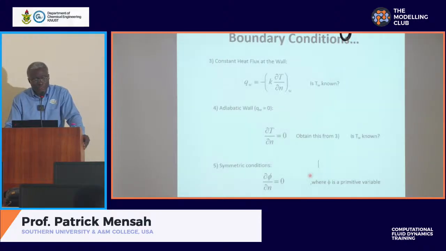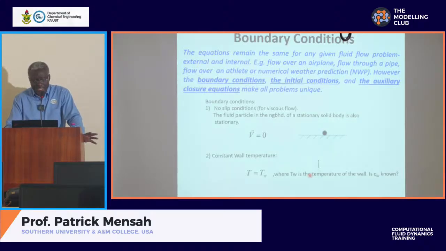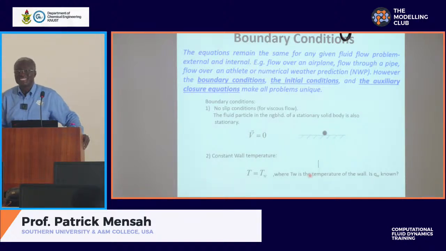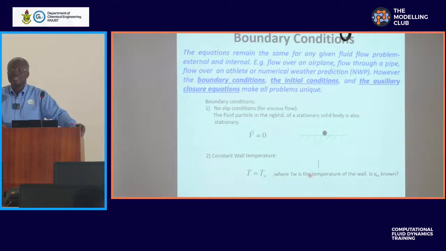Another form of boundary condition, or let's go back. Can anyone give me an example of when you know, say, a wall temperature? Yes. If the wall is some source of heating, you would measure the temperature based on the heating that is applied.